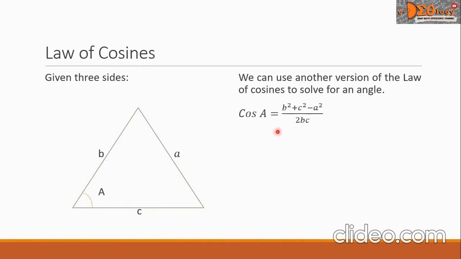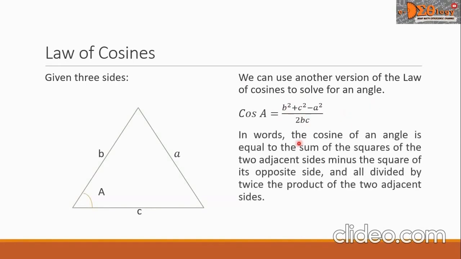We will use this formula: cosine of this angle A equals B square plus C square minus A square all over 2BC. This is a manipulated formula of the law of cosines that we saw in the previous slides.